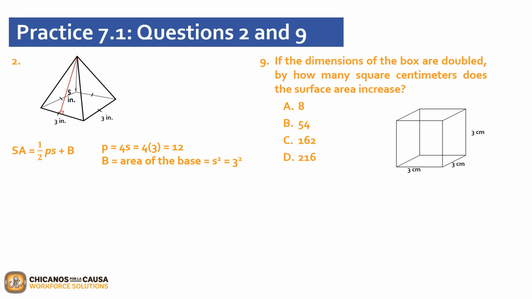Now, we can go ahead and replace our variables with numbers. So it's 1/2 times the perimeter of the base, which is 12, times the slant height of the pyramid, which is 5, plus the area of the base, which is 3 squared. When we calculate it all together, we have an answer of 39 square inches.